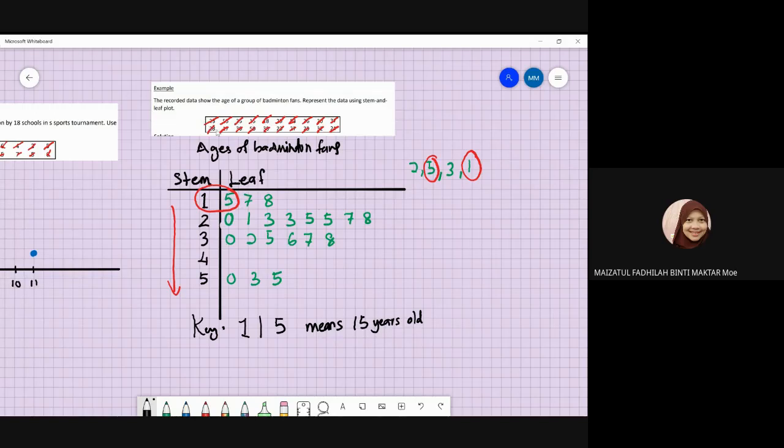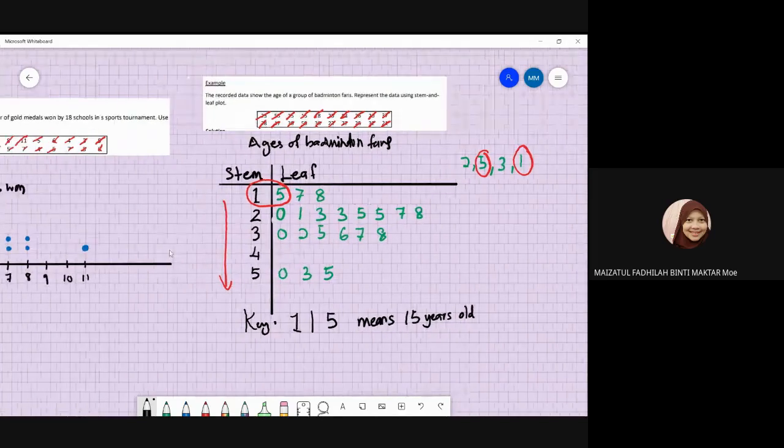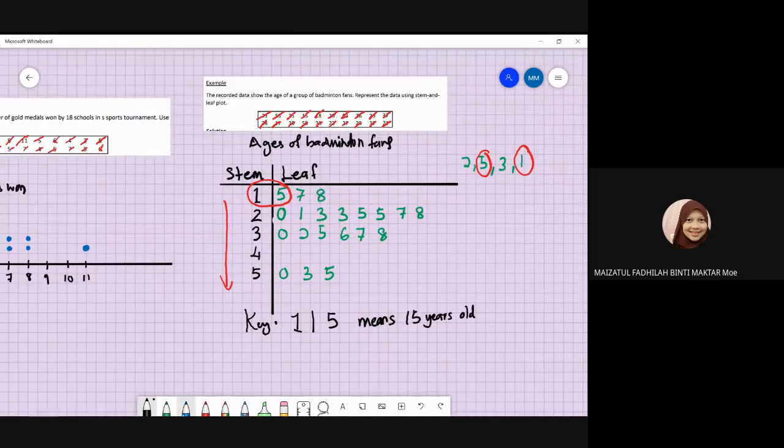What if the number is a decimal number? That usually is okay, but if you have a decimal number, you must round it off to the whole number. That is what I read about it. But usually they will give you the data in whole numbers.